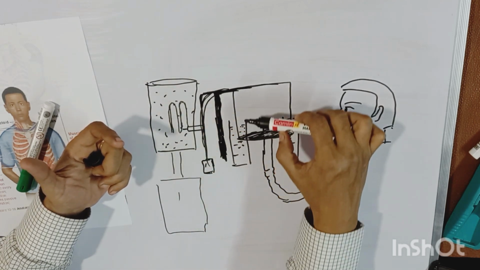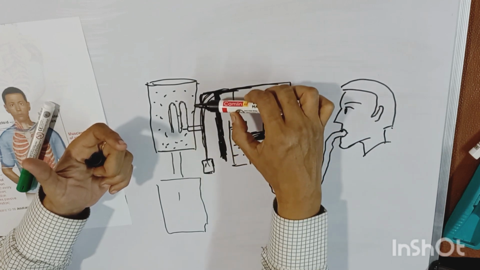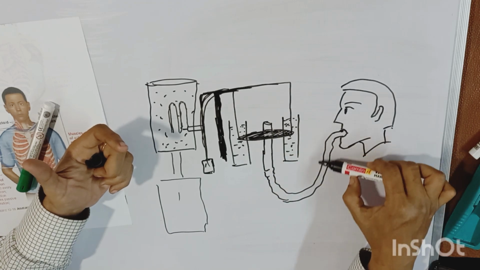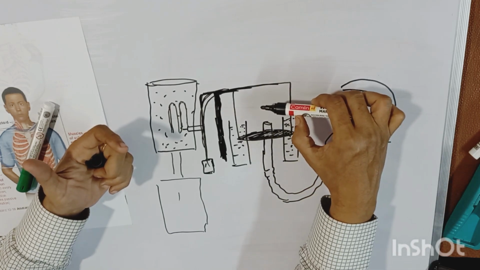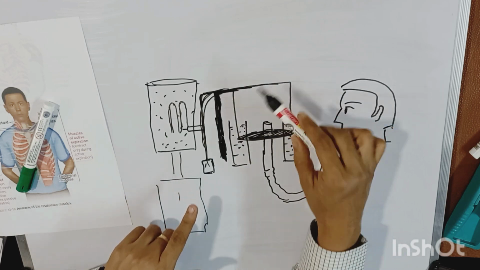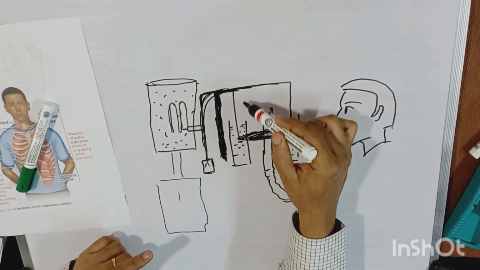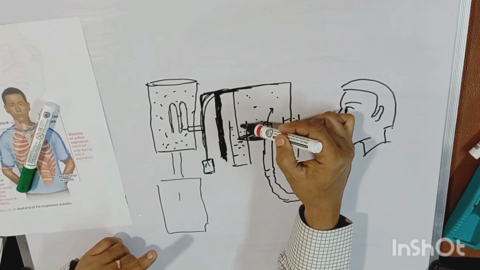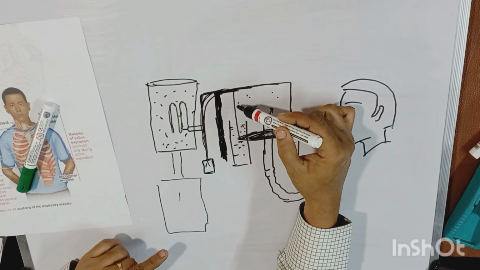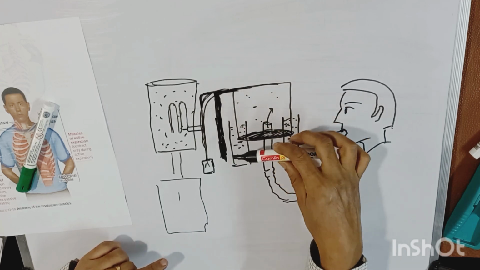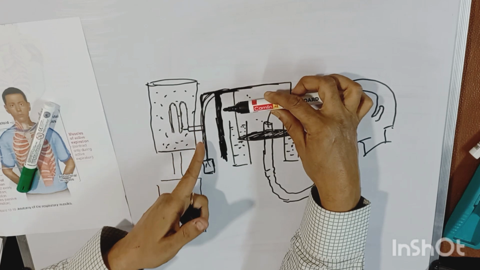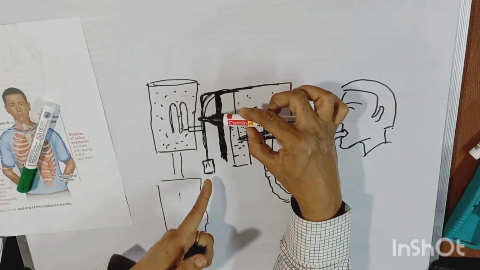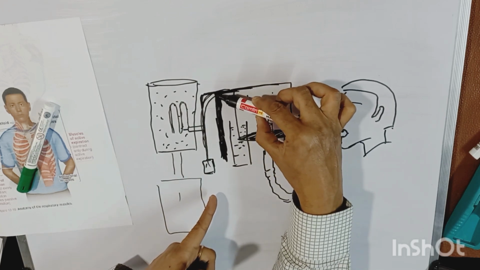When the drum goes below, the weight is pulled upward. When you expire, the drum goes above. The air is put inside, the volume is increased, and the drum goes above the water. When the drum goes above the water, this one is going down. So it is expiring. The line is going down, because here you have the fulcrum.